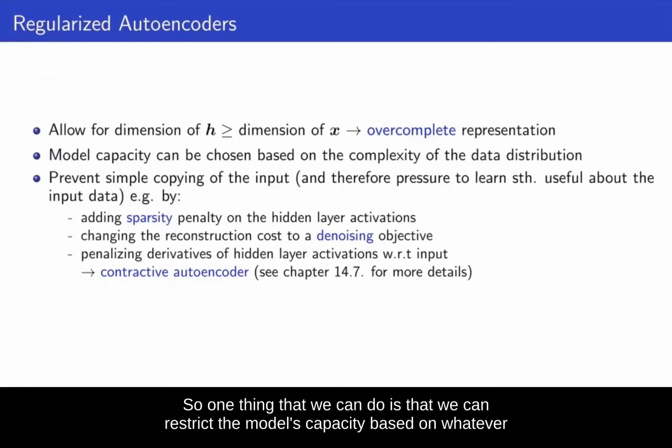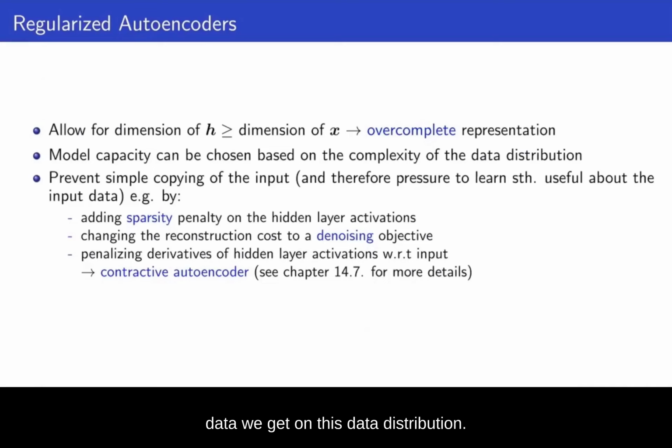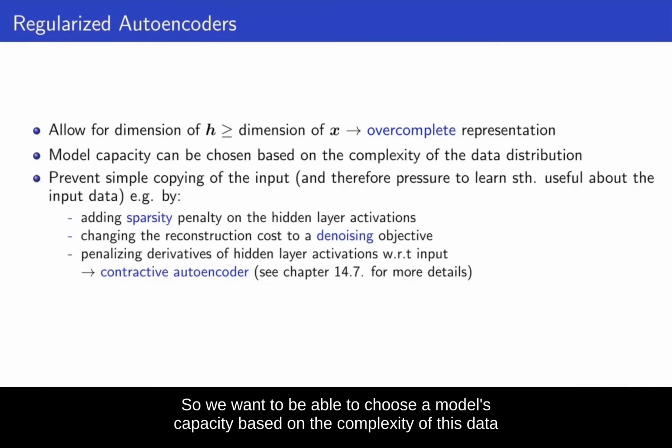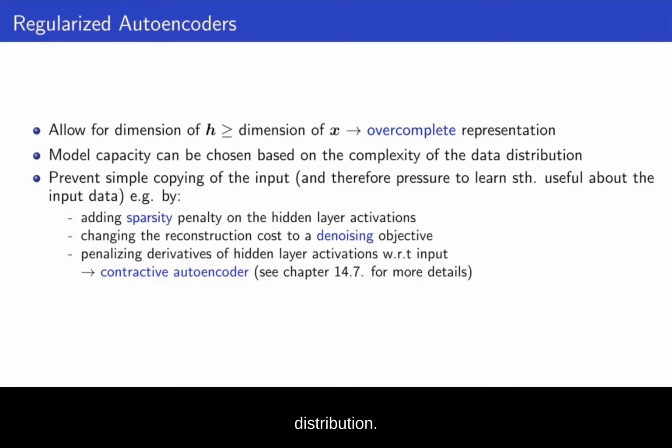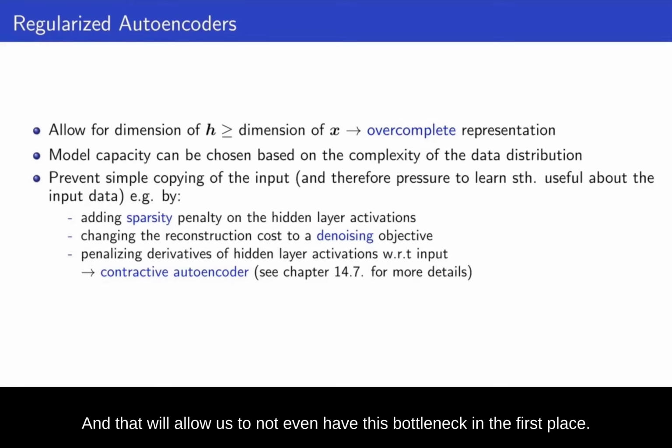One thing that we can do is restrict the model's capacity based on whatever data we get in this data distribution. So we want to choose a model's capacity based on the complexity of this data distribution. And that will allow us to not even have this bottleneck in the first place.